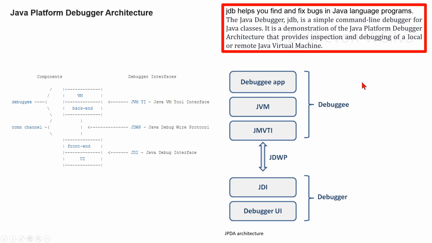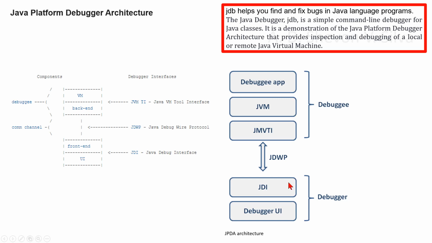The Java Debugger Interface, JDI, defines a high-level Java language interface that developers can easily use to write remote debugger application tools.